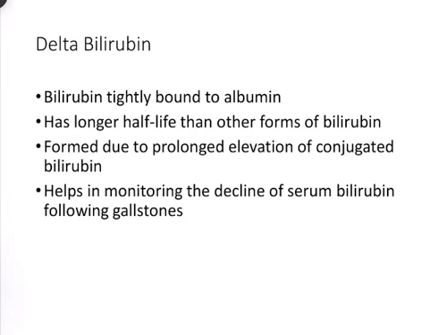It helps in monitoring the decline of serum bilirubin following a gallstone formation. So if your gallbladder forms a gallstone, there is not enough bilirubin being secreted out by your gallbladder, then the delta bilirubin will be activated to supply that decline in the bilirubin.